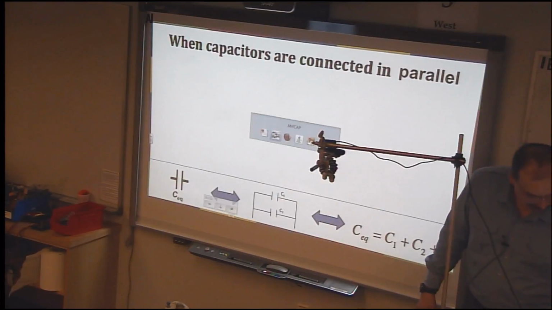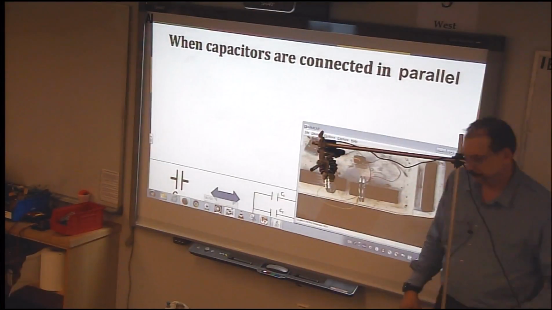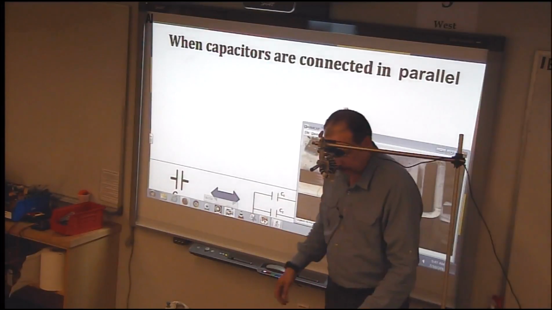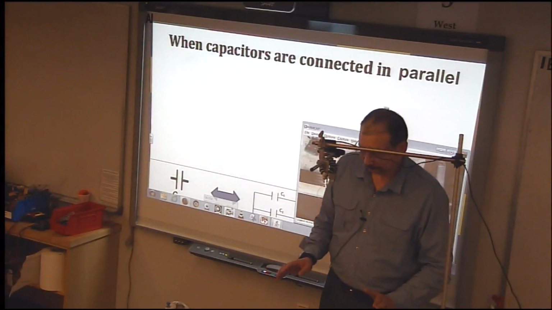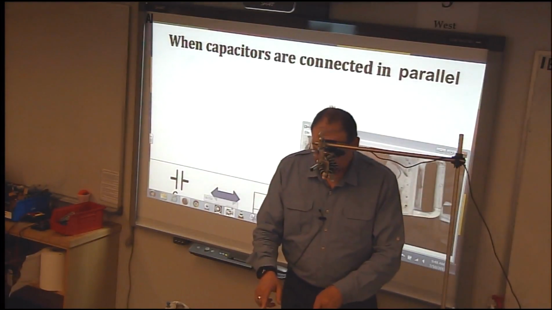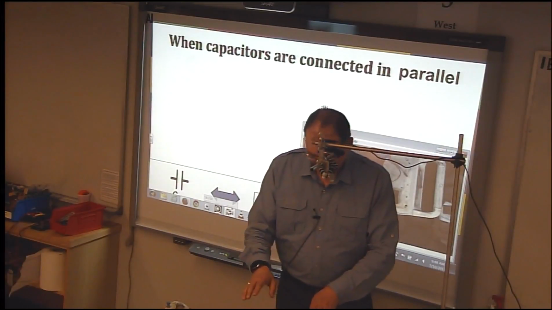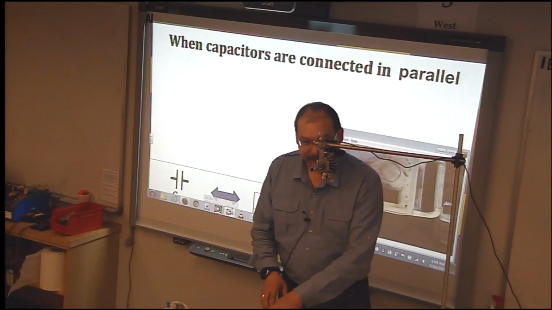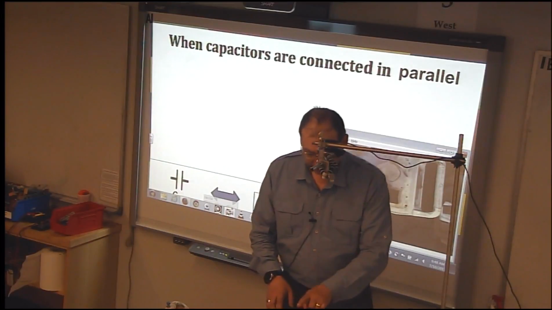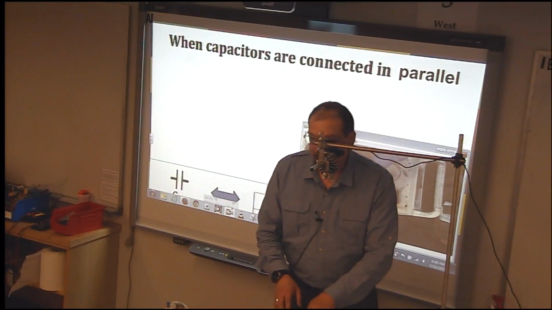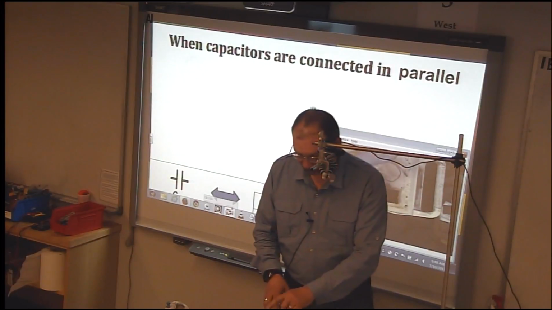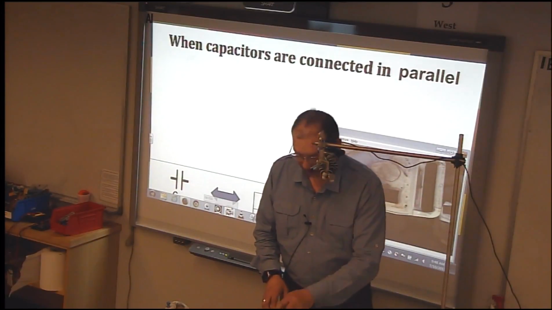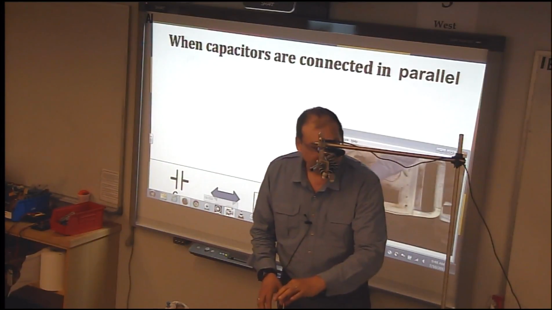This is what we call capacitors connected in parallel. So let's take a look. What's the difference? You see, here we have positive, negative, positive, negative. So a negative plate of this capacitor is connected to the positive plate of this capacitor, and there is nothing in between.